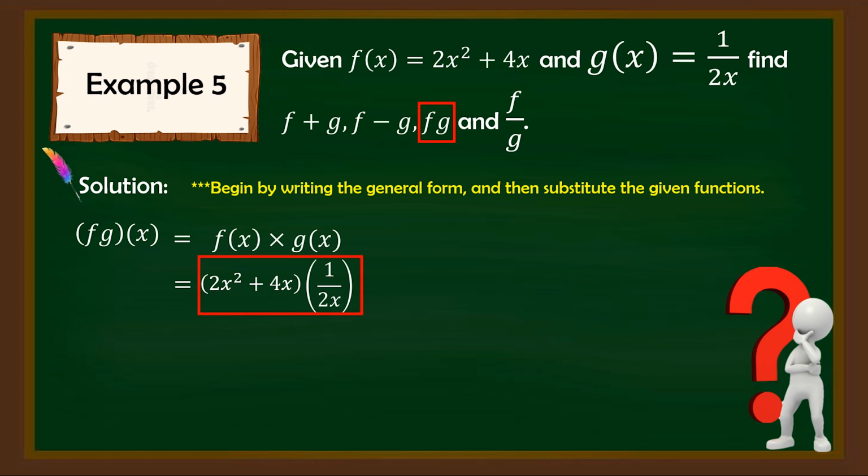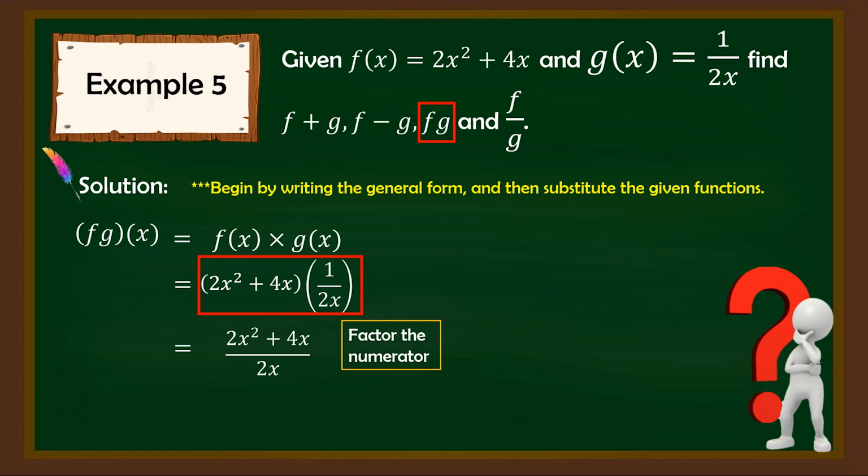Then, multiply the two functions, following the rule in multiplying fractions, which is we will multiply the numerator times numerator and denominator times the denominator. By that, it yields to 2x squared plus 4x over 2x.